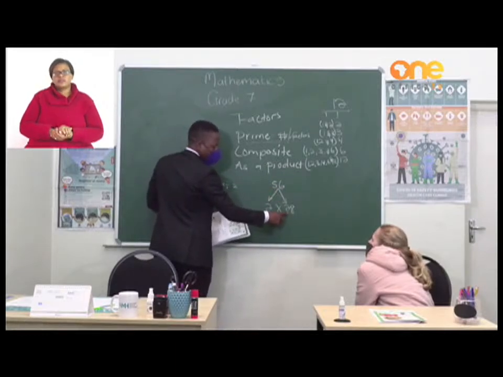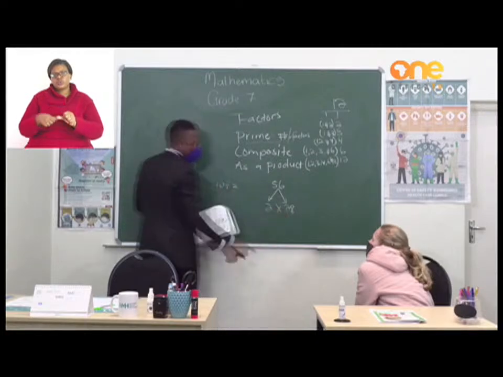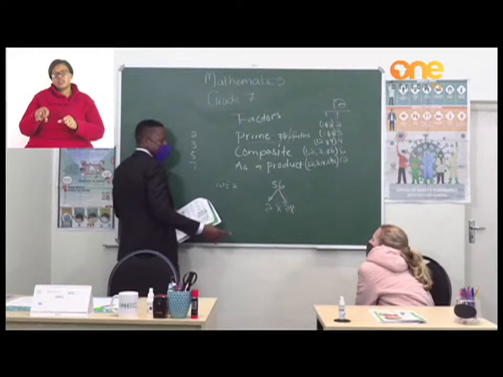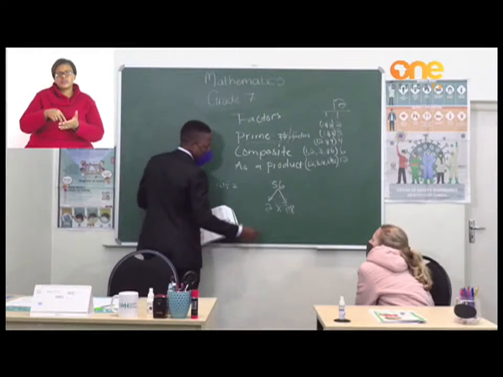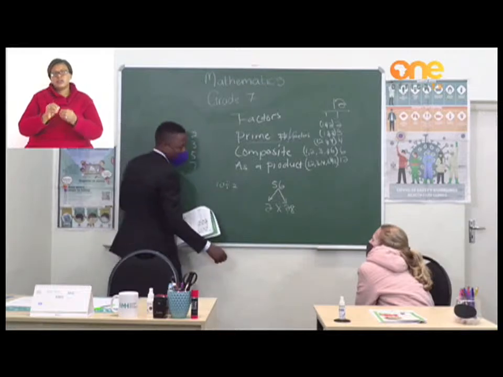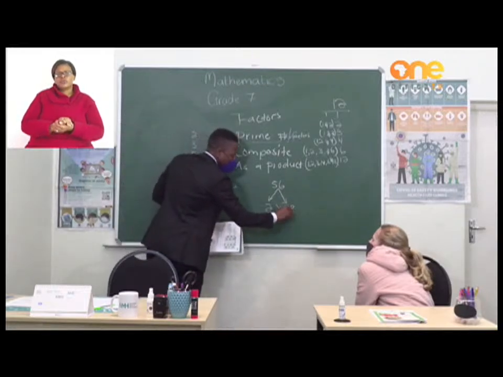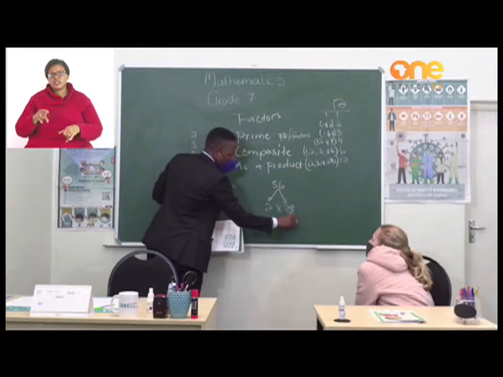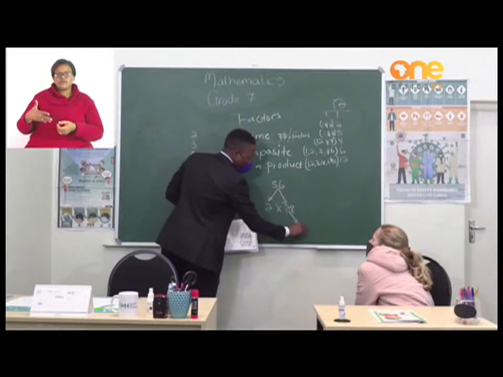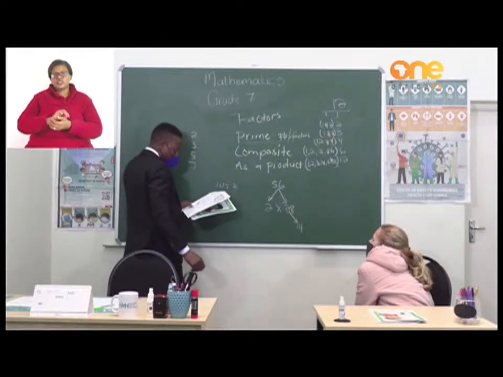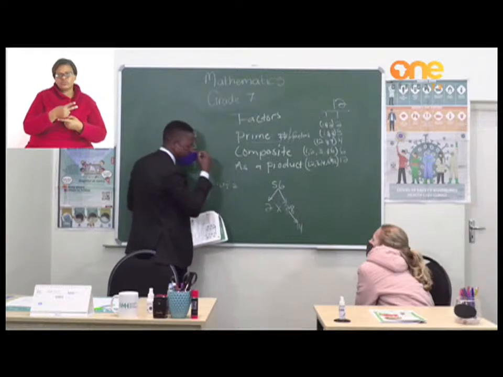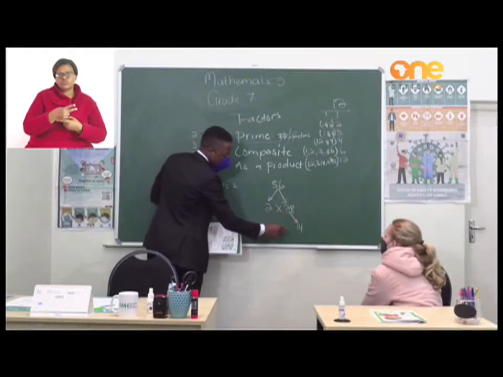Going down with 28, 28 is an even number, and even numbers are divisible by 2. So I'm remaining at 2, halving. If I halve 28, I will have 14. But what number must I multiply with 14 to get 28?